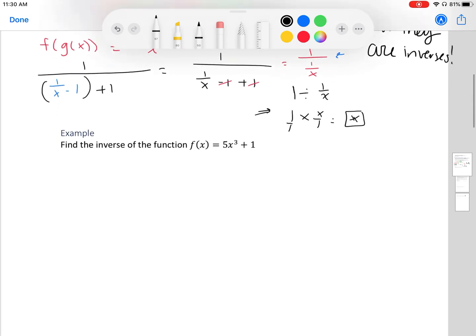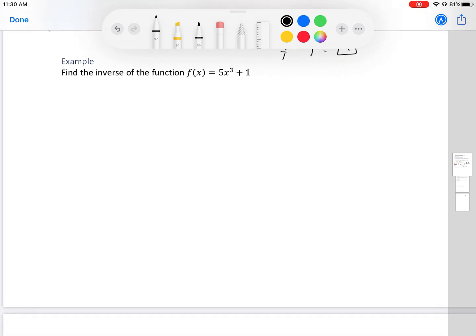All right, the next example is asking us to find the inverse. We've done this maybe three or four sections ago, I think it was last chapter, in chapter 2. To find the inverse, let me help you recall the steps. First, change f of x to y.